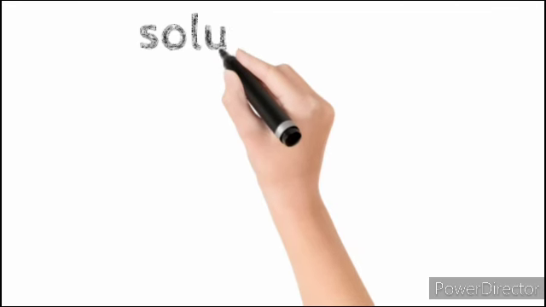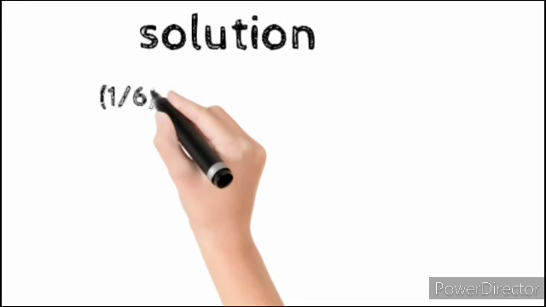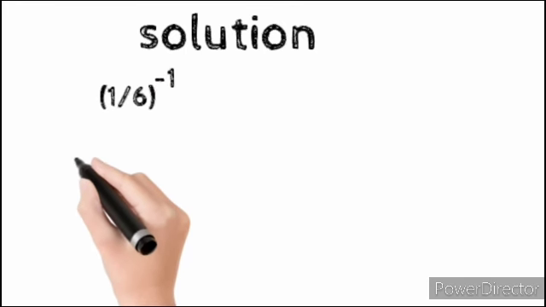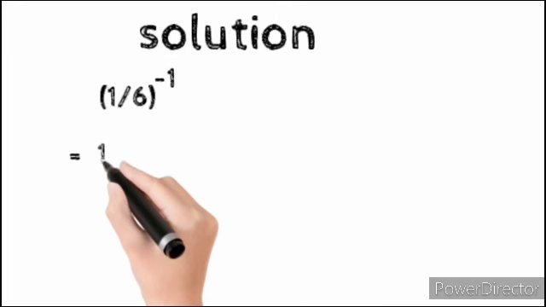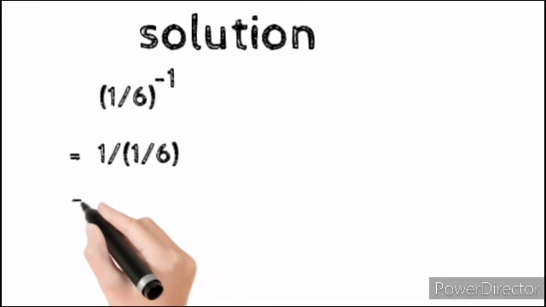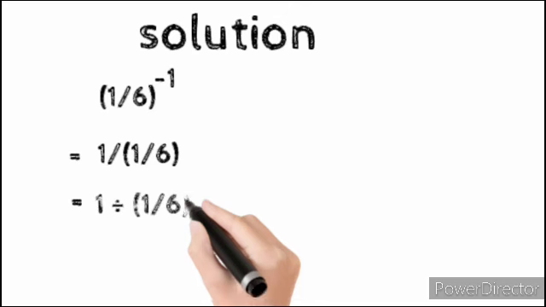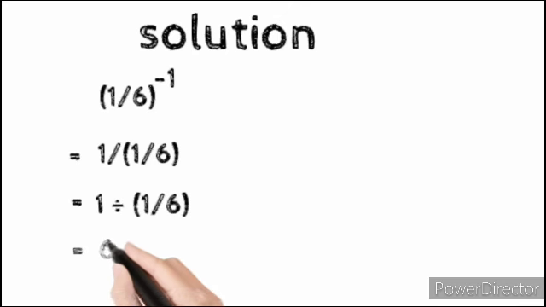Open bracket 1 over 6, close bracket, raised to power minus 1 equals 1 divided by 1 over 6, which is the fourth law. This gives us 1 multiplied by 6 over 1, which gives us 6.